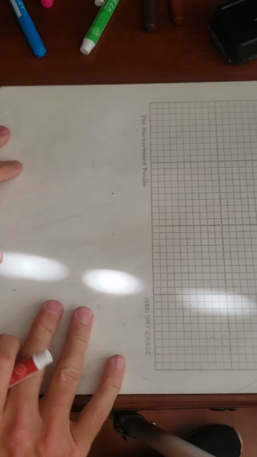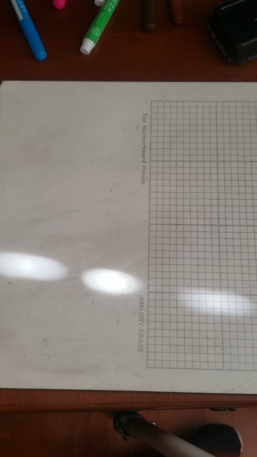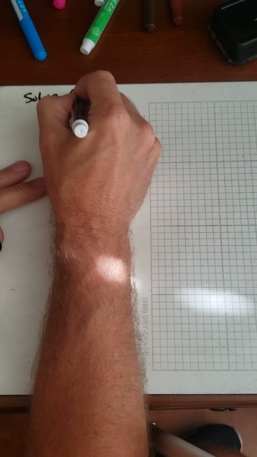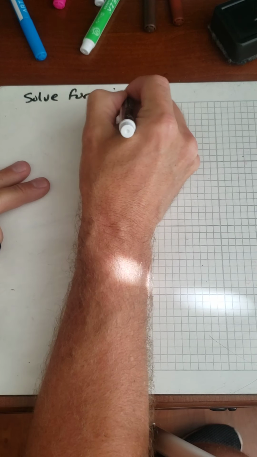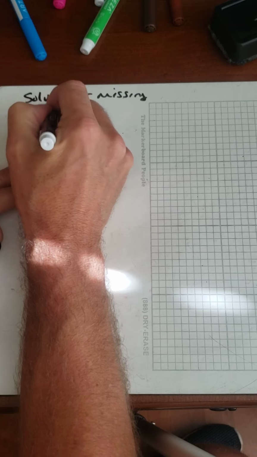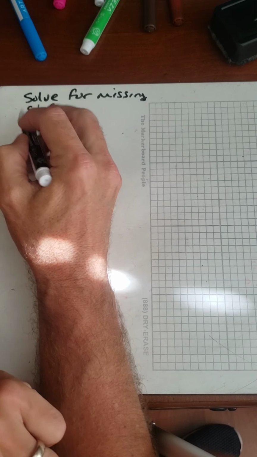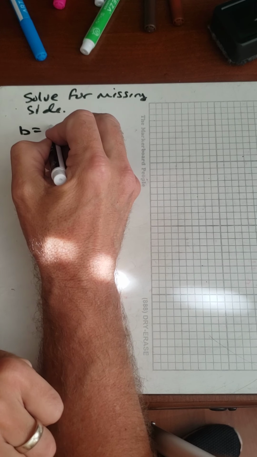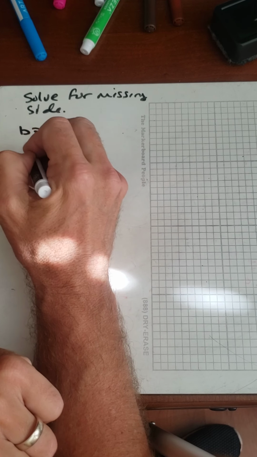Next, what I'd like to do is just do a couple here and show you kind of what I want you to do as we get these problems. So now what we're going to do is solve for the missing side. So the base equals 8.